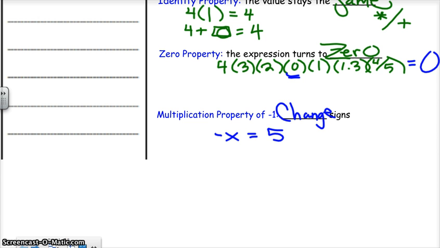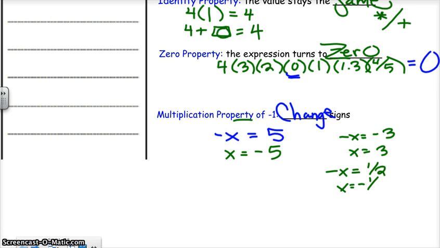So I apply the multiplication property of -1, multiplying both sides by -1, and it gets my x totally alone. In layman's terms, just change the sign of everything. Like -x equals -3, x would be +3. Negative x equals 1/2, x would equal negative 1/2. That's all utilizing the multiplication property of negative 1. It's just changing the sign.